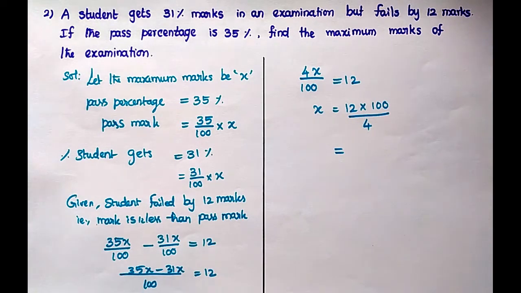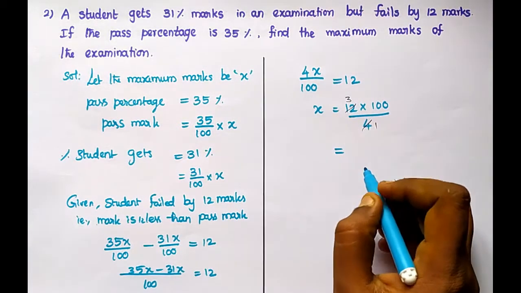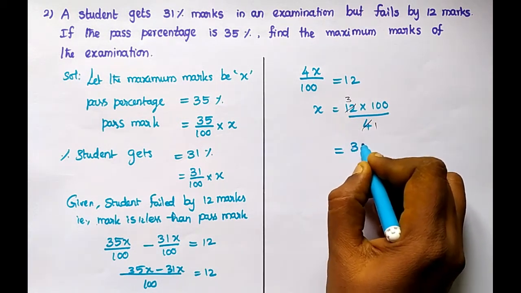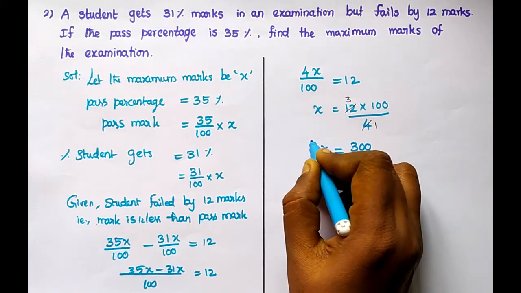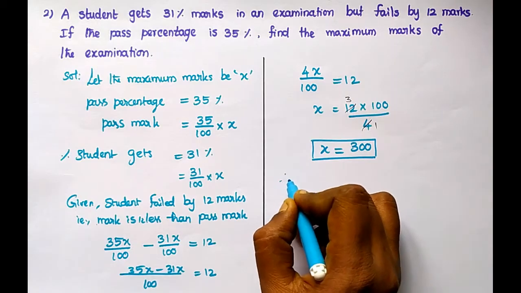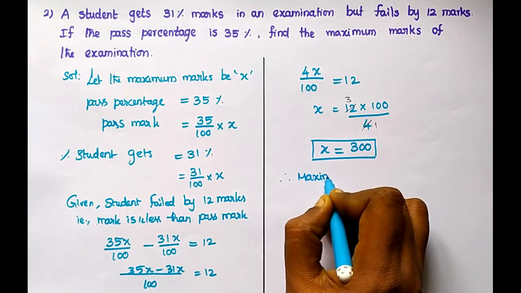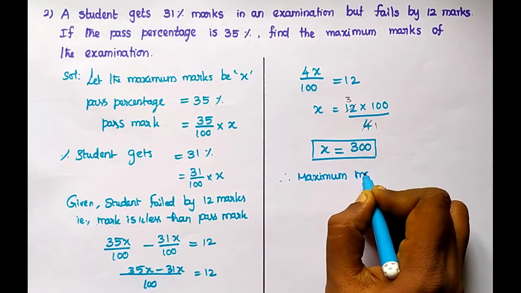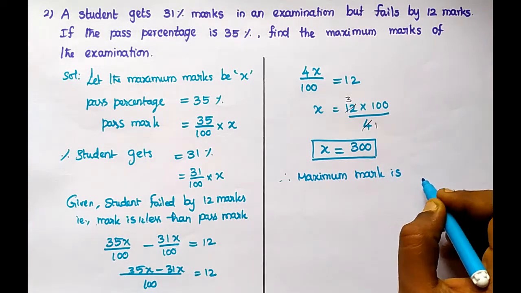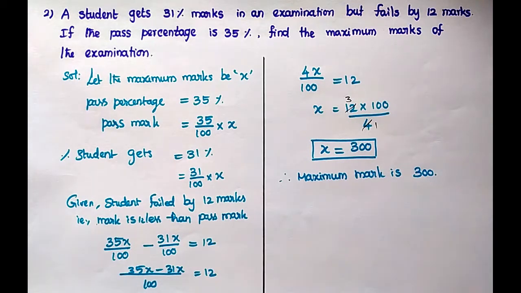Now the cancellation, 4 3s are 12. So 3 into 100, 300. So x equal to 300. Therefore the maximum mark is 300. That is the answer.